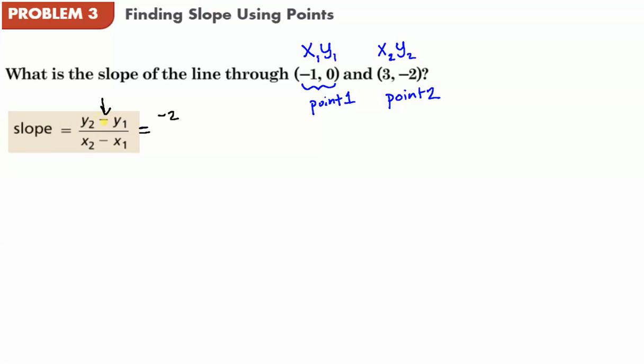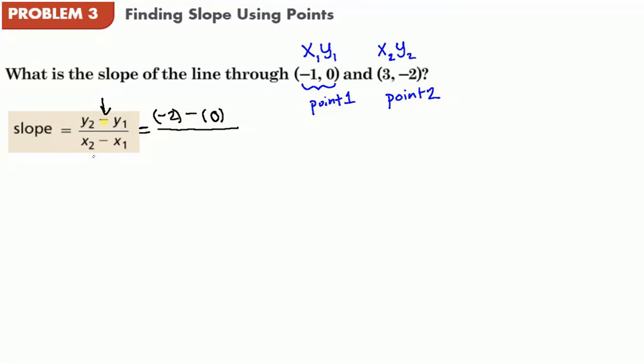You must first apply the negative. So we're going to go ahead and apply the negative. So it's -2 minus whatever y1 is. Okay, so I'm going to put a parenthesis there so I can tell that I'm going to plug in our y1. So this is going to be y2, so I'll put that in parentheses, minus our next parenthesis, which is our value of y1, which is 0.